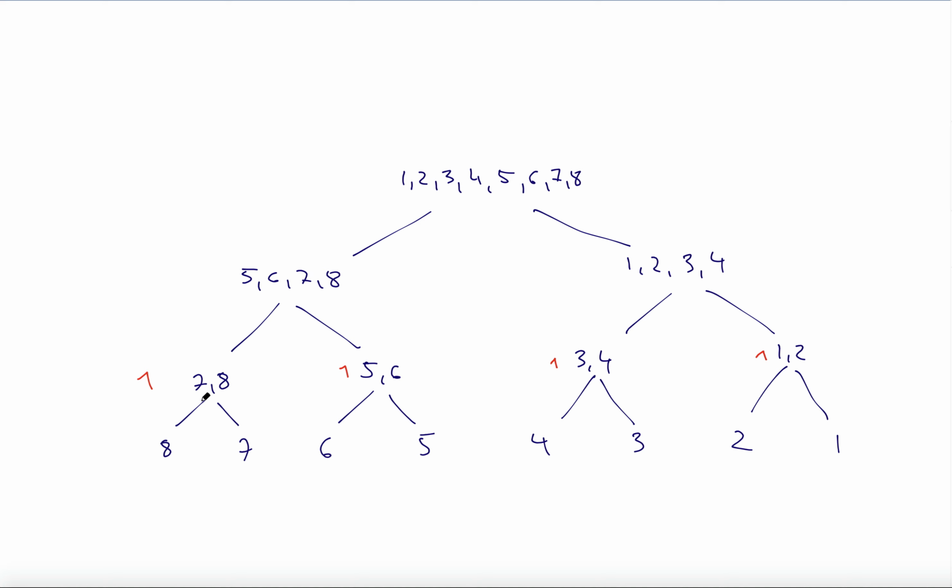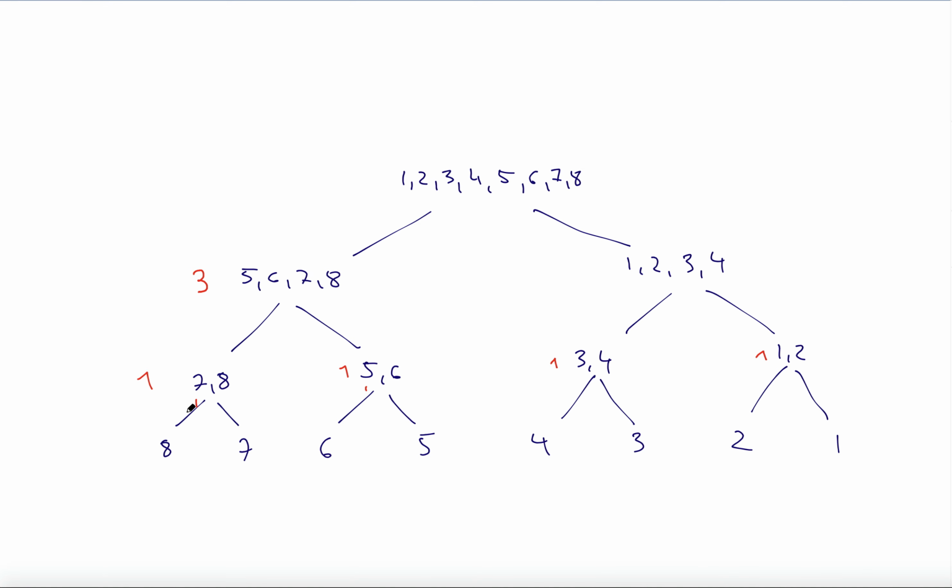So how many comparisons do we need to merge 7, 8 and 5, 6? We think of the 2 pointers, right? A pointer on the 7, a pointer on the 5, and then we have to move the pointers to the right, and so this gives us 3 comparisons. So we start with 7, 5, and then we move the smaller one to the right, and then we move it to the right again.